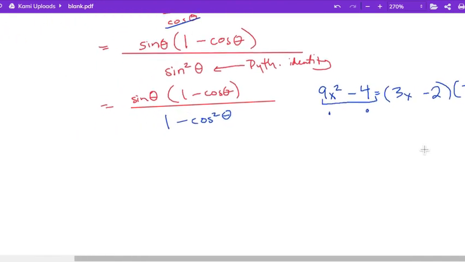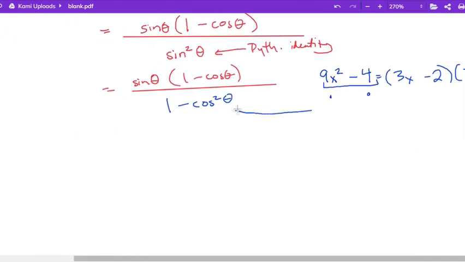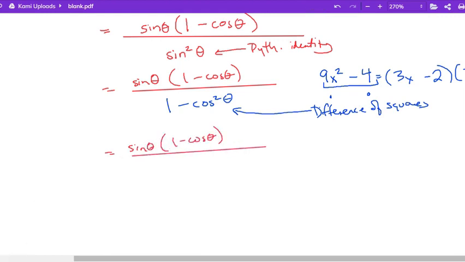Now this applies in our denominator here. Because now my denominator becomes this. Watch. 1 plus cos theta, 1 minus cos theta.